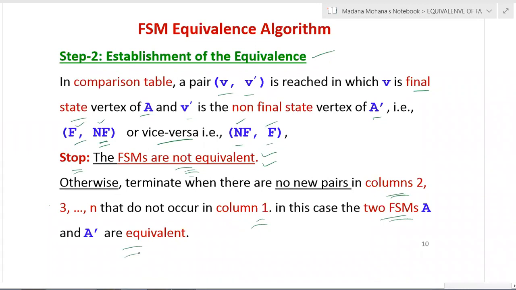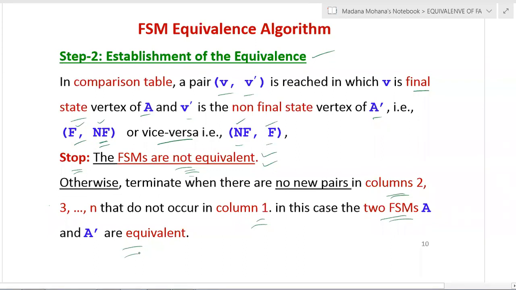You can recall once, this is very important. After construction of the comparison table, in column 2 or 3, you can check for any pair which is a combination of a final state, non-final state, or non-final state, final state. Then we can stop and conclude that the two FSMs are not equivalent.